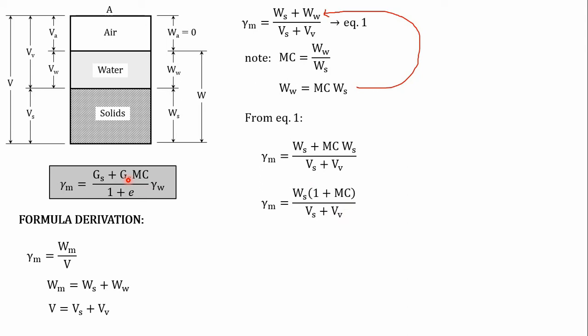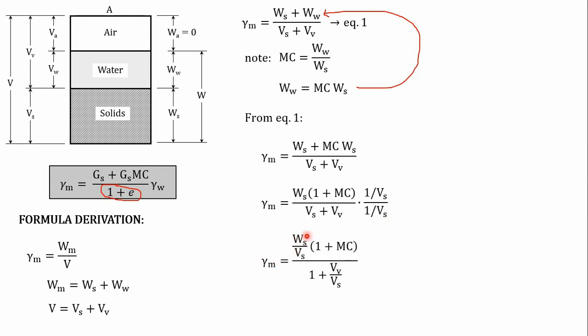Take note, our aim is this kind of formula. So, for this 1 plus e, what will we do to get 1 plus e? We will multiply both numerator and denominator by 1 over Vs. So, it comes up like this.